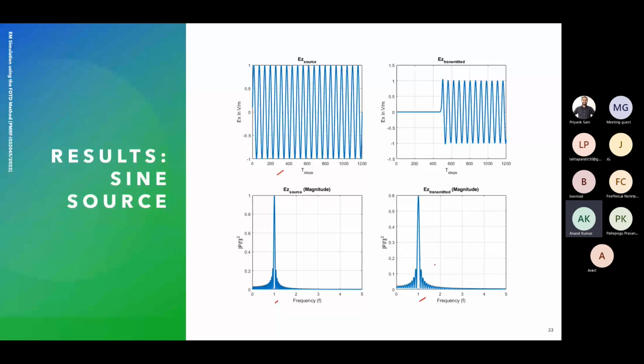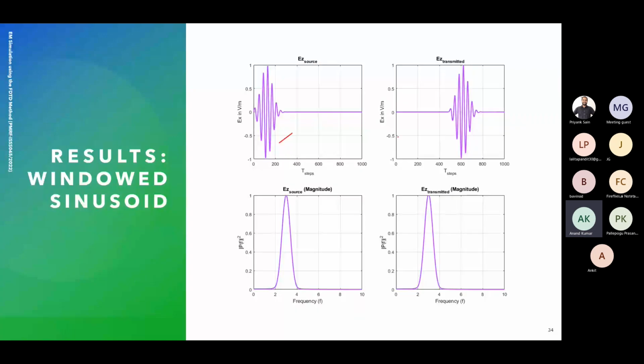Now, this is something very popular in commercially available simulators. If you use CST or HFSS, they use this windowed sinusoid source. What this source does is it encapsulates the sinusoidal signal in a window, so we have a signal which is limited in both the time domain and the frequency domain.